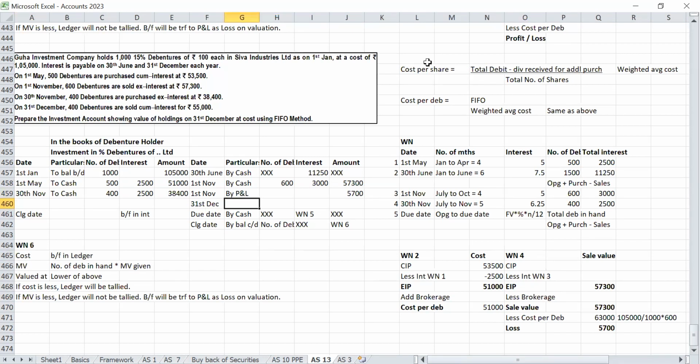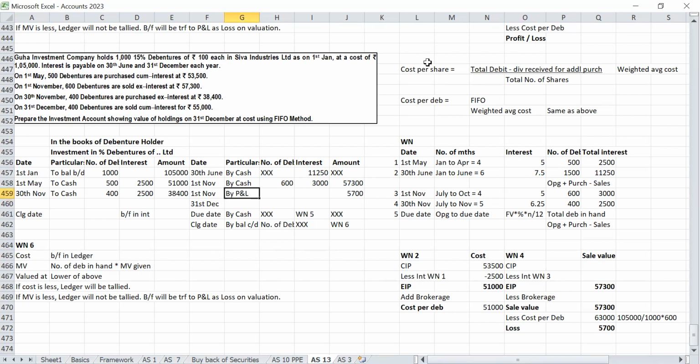First the sale, then the interest received. We have to compute that. First sale, then interest, because only then will the word cum interest have significance. Otherwise, if you first receive the interest and then sell the debenture, the interest value will be nil. Cum interest will be equal to the ex-interest price, because we have already received the interest.